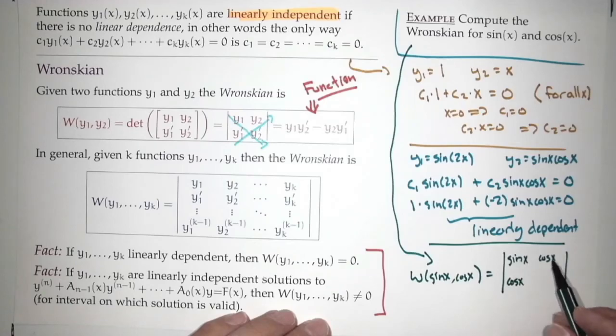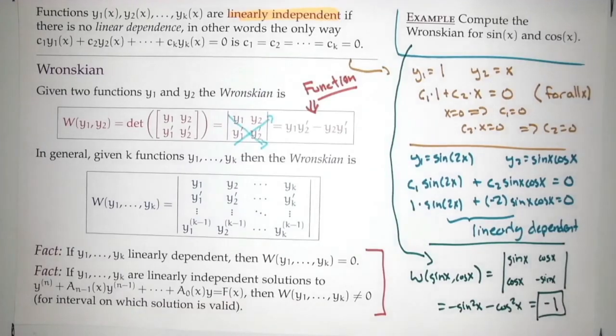Derivative of sine is cosine. Derivative of cosine is negative sine. Now we take our determinant: sine times negative sine, going downhill, is negative sine squared. Subtract cosine times cosine, so that's cosine squared. Minus sine squared minus cosine squared gives us negative 1, which is not 0. So that says sine and cosine are fundamentally different. They're not linearly dependent on each other.